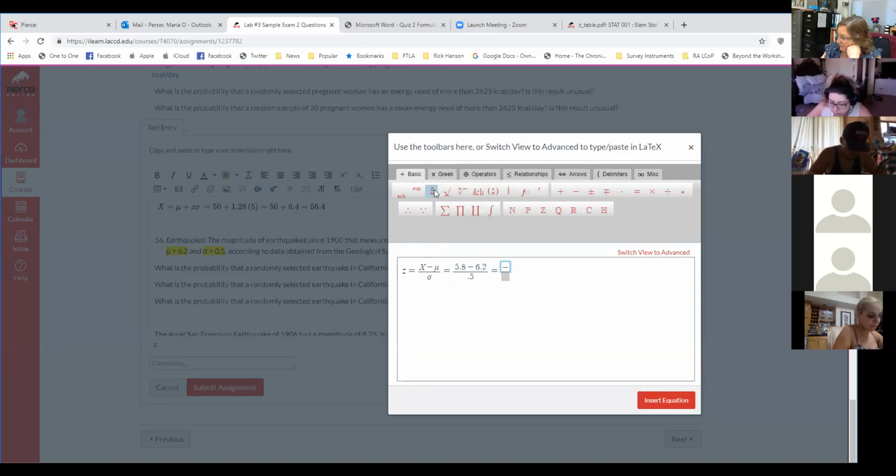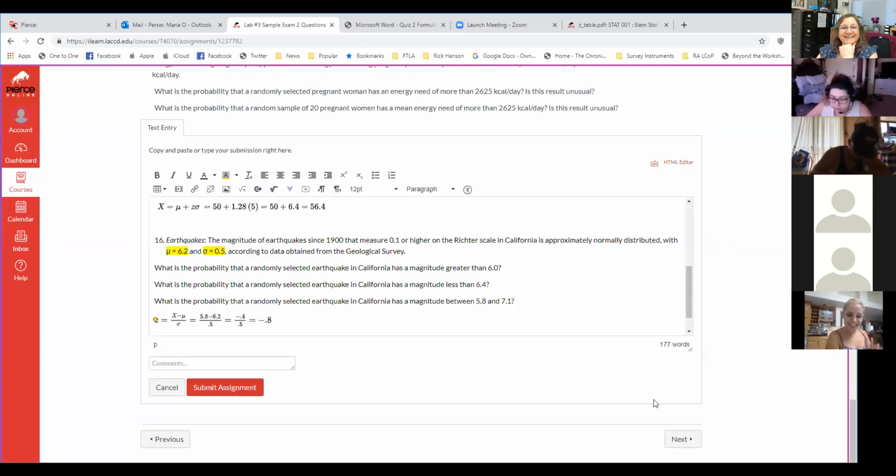So negative 0.4 divided by 0.5 is negative 0.8. Cool. So this is going to equal negative 0.8. Don't forget the negative signs. It's one of the things that sometimes happens. Okay, so there's the first one.